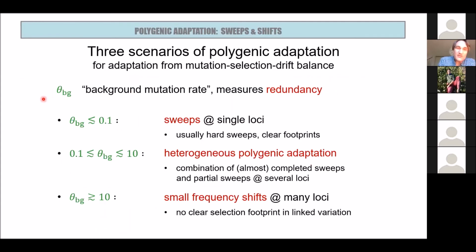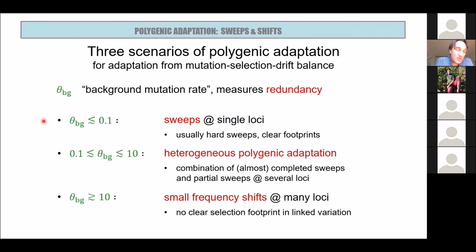So if we believe for once that this background mutation rate is the important parameter here, we can now classify several regions where we find qualitatively different genetic architectures. If this theta background is smaller, like say 0.1 or so, then typically we get selective sweeps, like predicted in molecular population genetics.